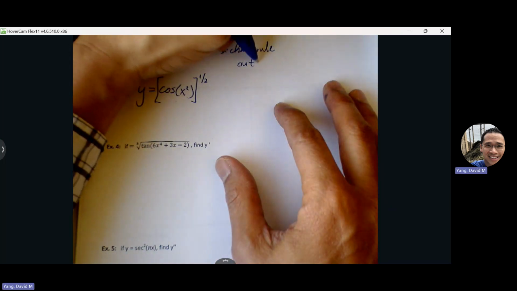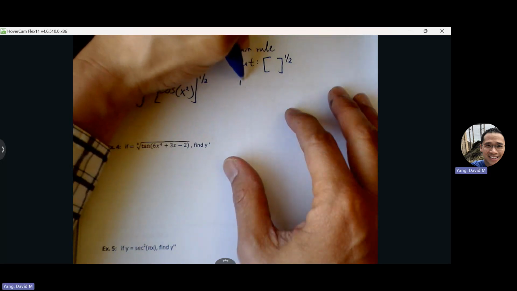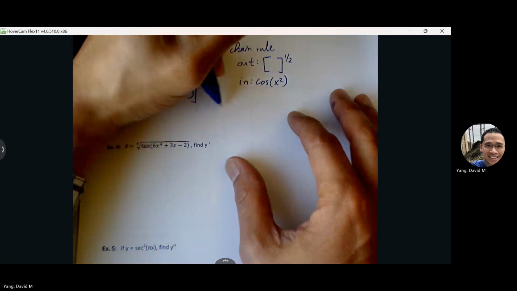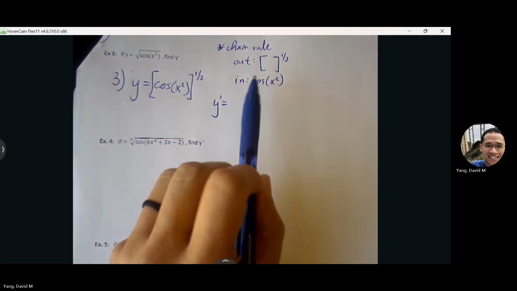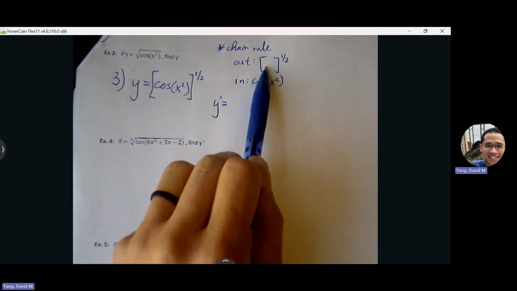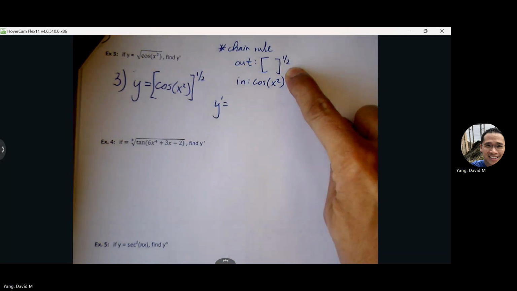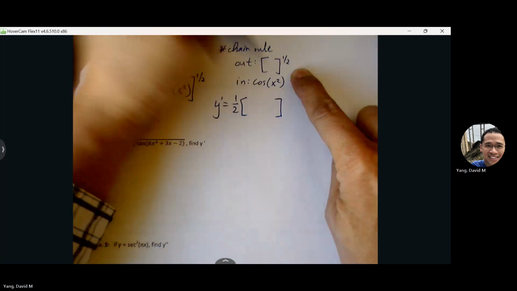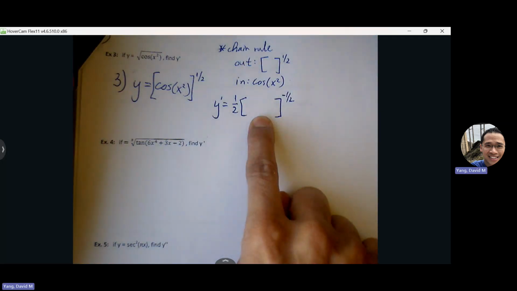So let's identify the outside portion, and then we can worry about the inside later. All right, outside first. What's the outside's derivative? Power rule, right? What do we get? 1/2 raised to the negative 1/2. What goes inside here?